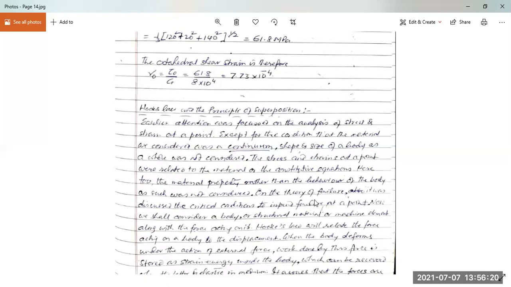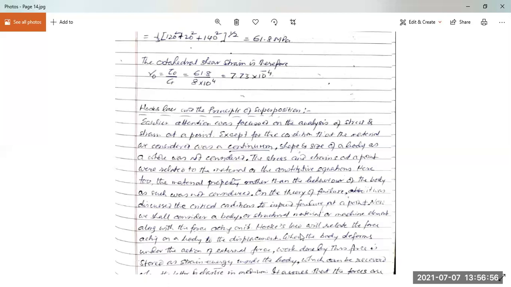For the theory of failure, it was discussed that there are critical conditions for failure at a point. Now, we shall also consider a structural body, material or a machine element along with the force acting on it, with Hooke's law itself.